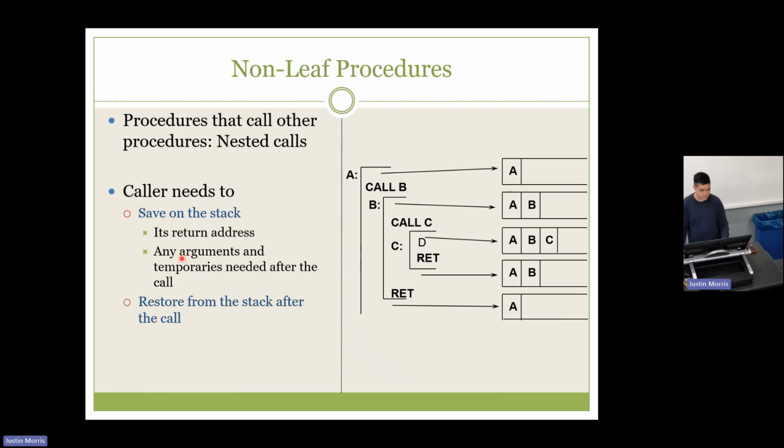And you also need to put any of your arguments and temporaries that are going to be needed after you call the next procedure. And then once the procedure that you called returns to you, it will restore all of these from the stack after the call.